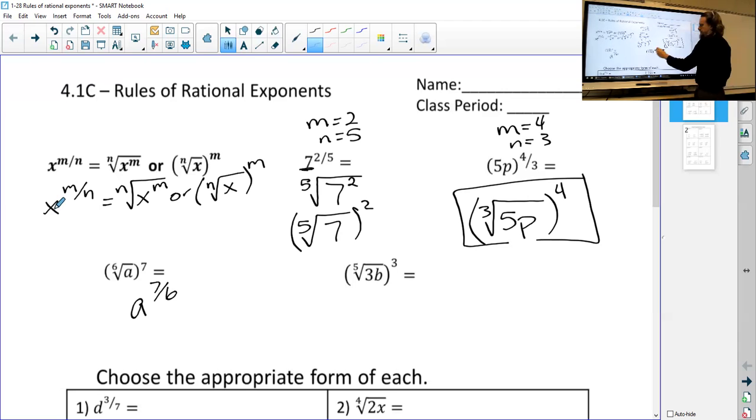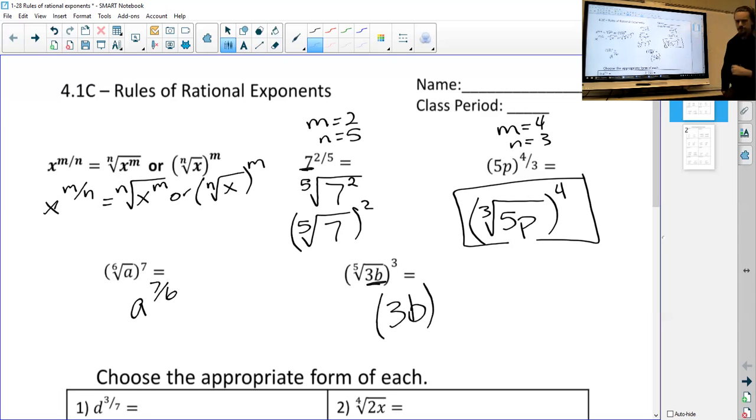Okay, so this one here, our base is 3b. So we need to make sure that we put 3b and then put it in parentheses. Because if you don't put parentheses, whatever our power is would just be for b, but we want all of 3b to be to that power. So 3 is on the outside, that's our exponent, so that becomes our numerator. 5 is our root, so that becomes our denominator.